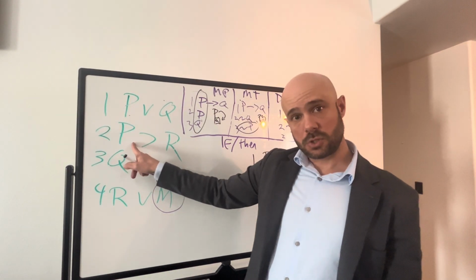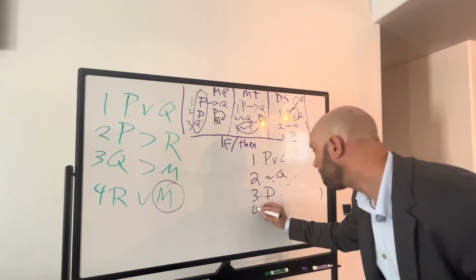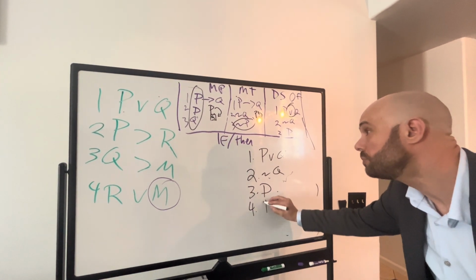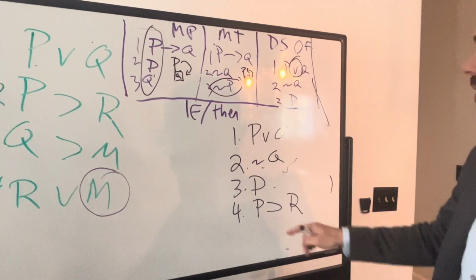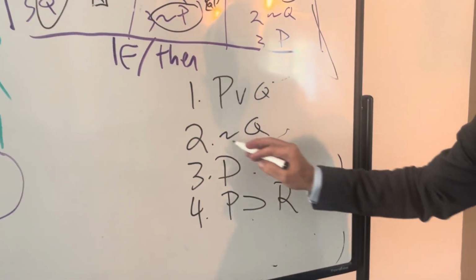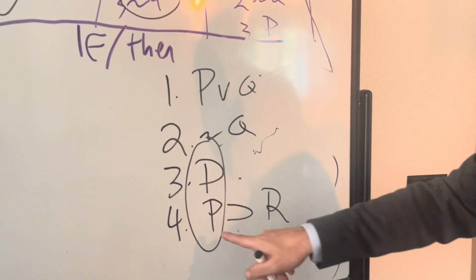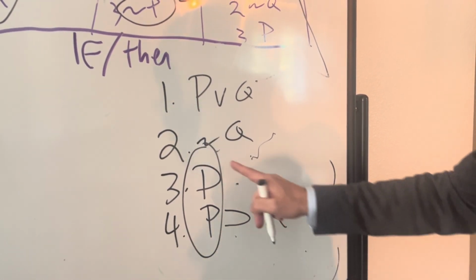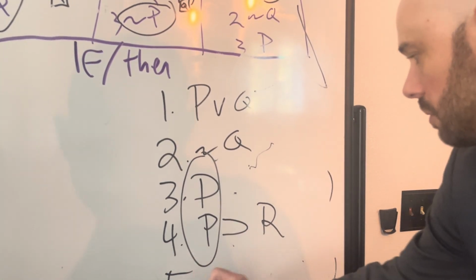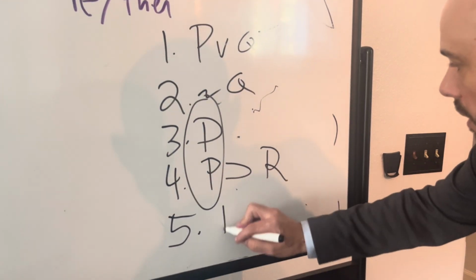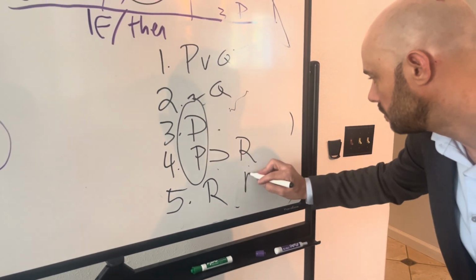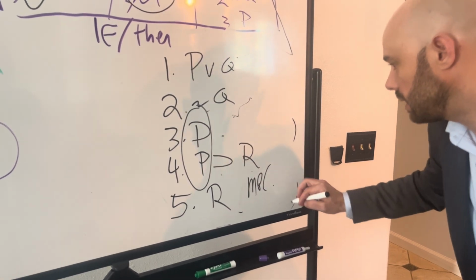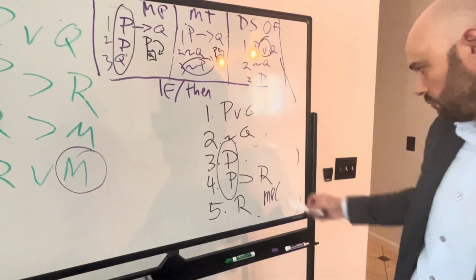We're going to take premise 2 and bring her down here. Either P or R, if P then R. Oh, and look, people, we have P. We have the guarantee of R. So we got our conclusion, 5, R. We get that from the modus ponens, lines 3 and 4.